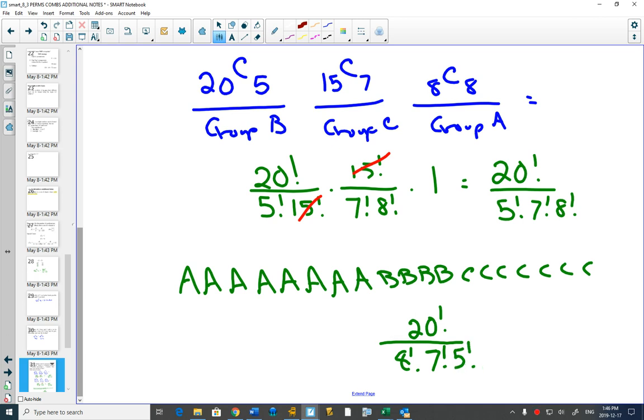And if I think of all the different words that I could spell with those, and then put those words on the people standing from shortest to tallest, that would make all different unique groups of A's, B's, and C's. So this is the interesting thing about permutations and combinations. Depending on the logic that you apply to the question, you could solve the same question in more than one way.